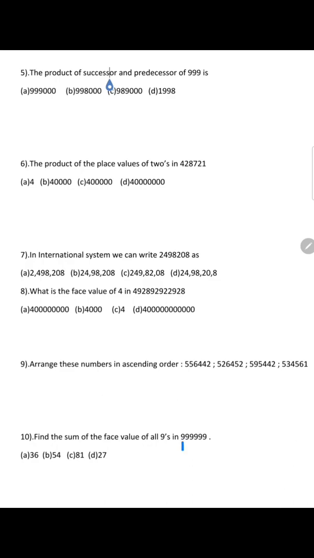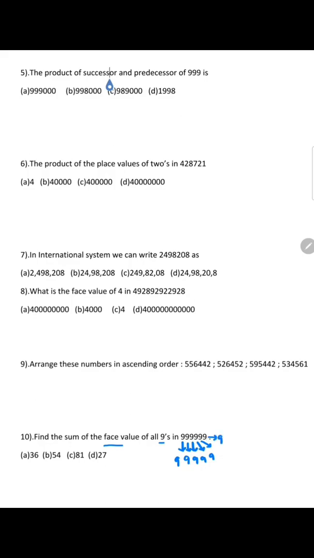So the face value of this particular 9 is 9. This 9 face value is also the same. Because remember that I told you face value of any number is the number itself. So here also it is 9. Here also it is 9. Here also it is 9. And for the last number also it is 9.